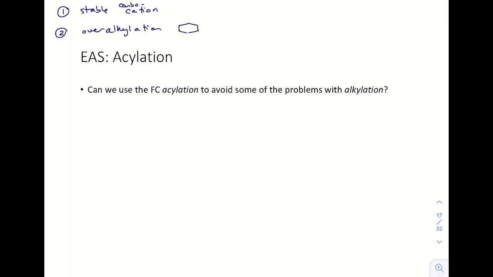So that once the alkyl benzene was formed, because alkyl groups are electron donating groups, the product was a better nucleophile than the reactant, and it kept reacting to form these overalkylation products. And overalkylation, because we're assuming that incorporation of only one R group was desired. Now, it's easiest to address concern number 2 first, so that's what we're going to do first.